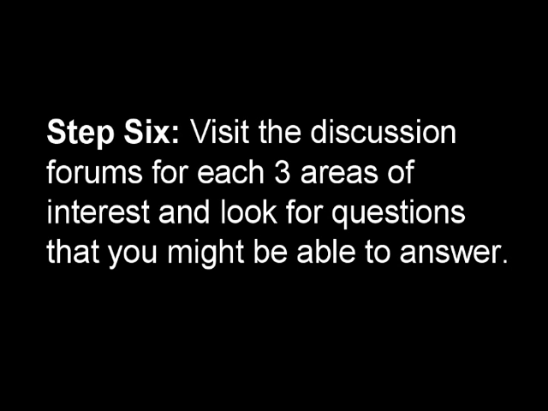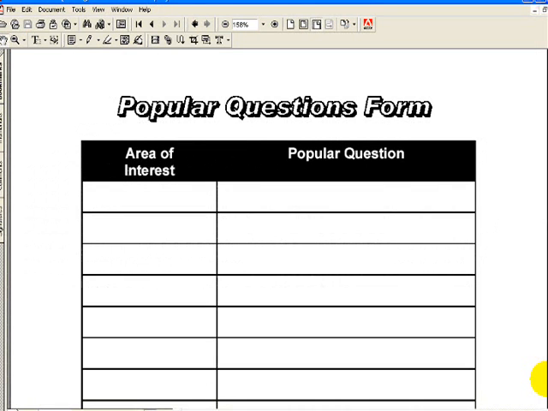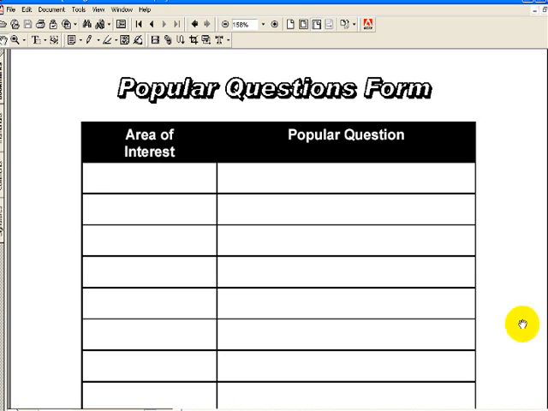Step 6. You want to visit the discussion forums for each of the 3 areas, your top choices. Here is the popular questions forum. You want to use this forum when you research the internet and you're looking for popular forums or message boards where people gather to talk about their specific niche.